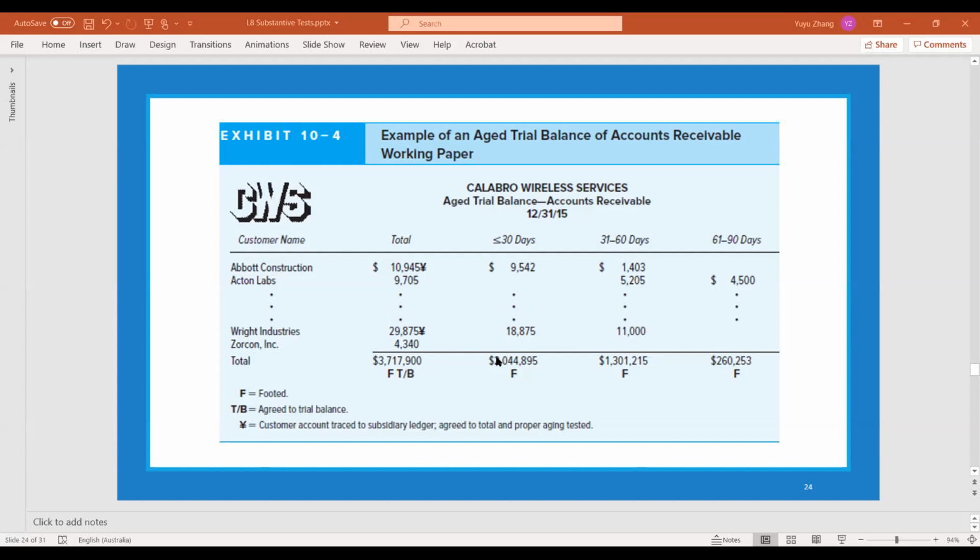Okay, and also in terms of confirmation procedure, you can also select some customers to send out your confirmation request. So that's why we say this document could be essential to your sales audit. It would provide you a lot of information about the sales evidence.